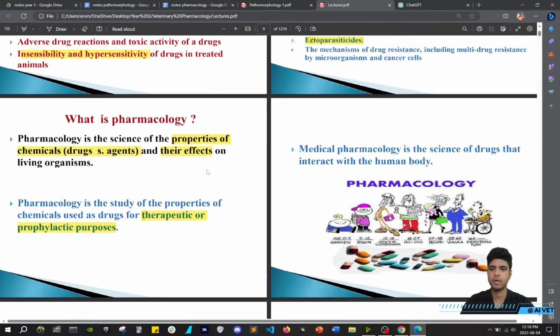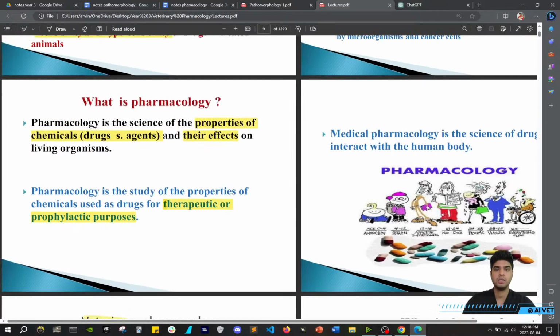Okay, what is pharmacology? It is the science of the properties of chemicals and their effects on living organisms. Science of properties of drugs and their effects. Pharmacology is the study of therapeutic and prophylactic use.